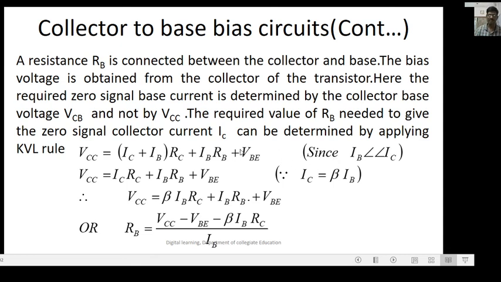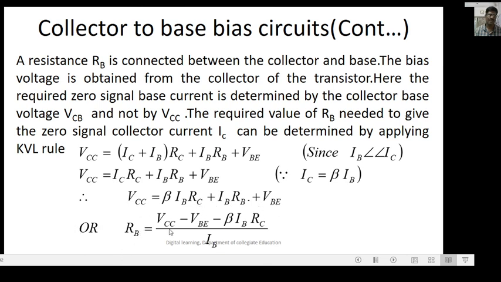Since IB is very much less than IC, VCC is equal to ICRC plus IBRB plus VBE, and because IC is equal to beta IB, we get VCC is equal to beta IBRC plus IBRB plus VBE.